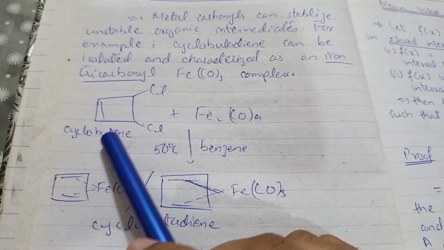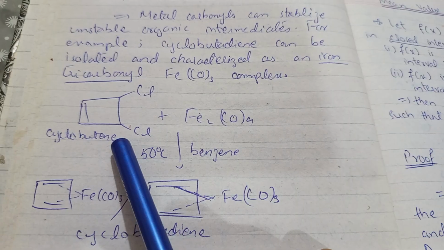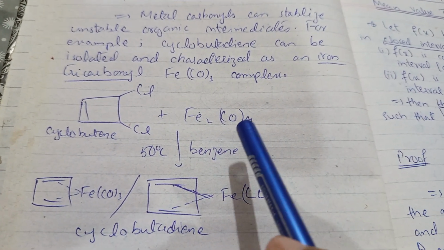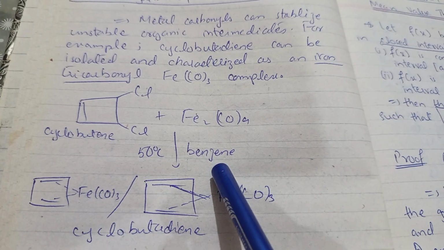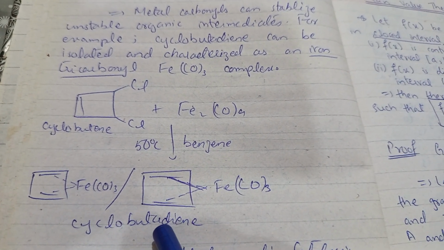For example, here you can see we have substituted cyclobutene, and when it reacts with Fe2(CO)9 in the presence of benzene at 50 degrees Celsius, it yields cyclobutadiene.